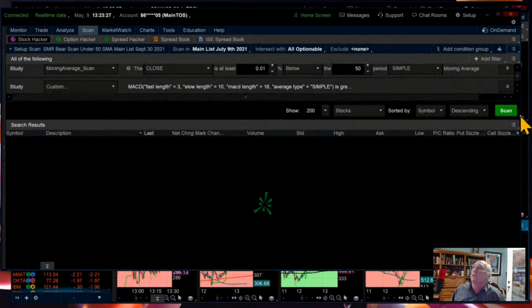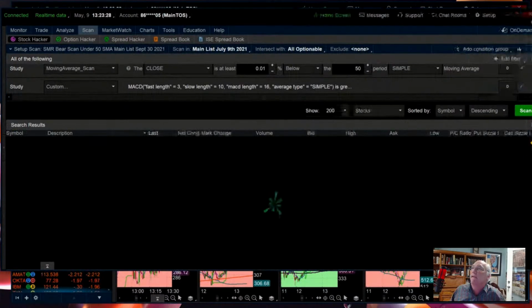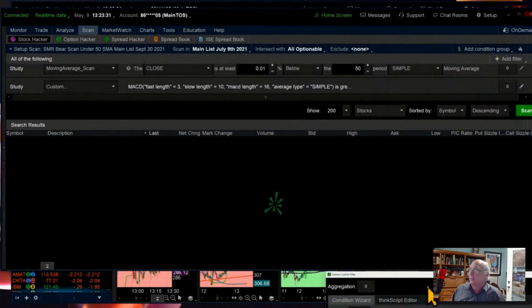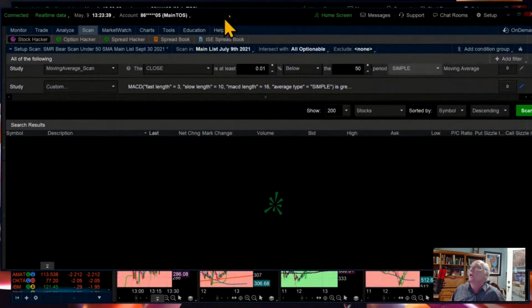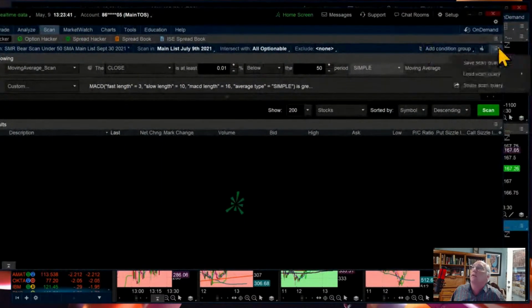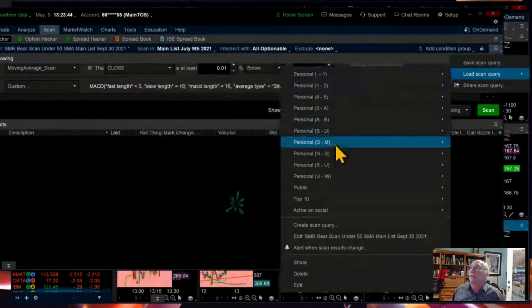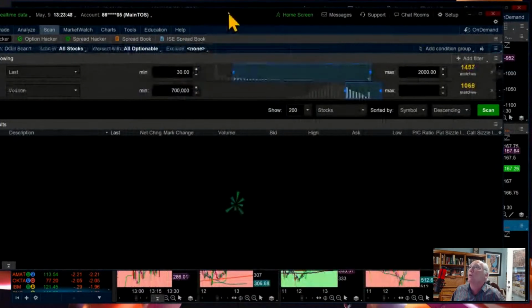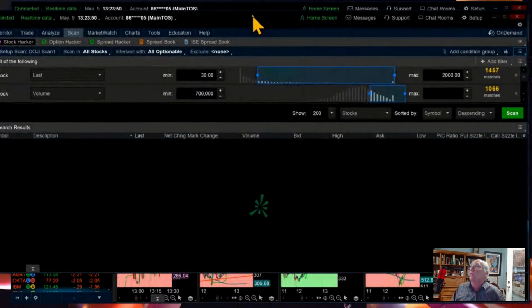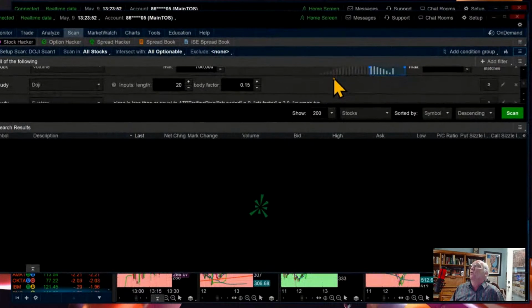And let me move this over so I could see it. Now, this is just the ThinkScript Editor, but I just want to share this when we get it built. So we're going to go back to Doji 1. Now, this is free on Thinkorswim. There are a lot of places that try to charge you really a lot. So here's Doji 1.